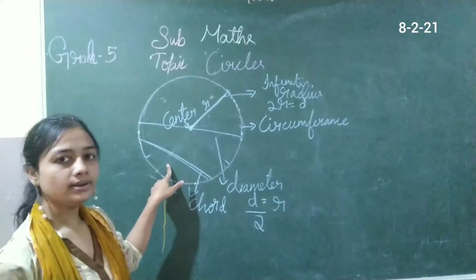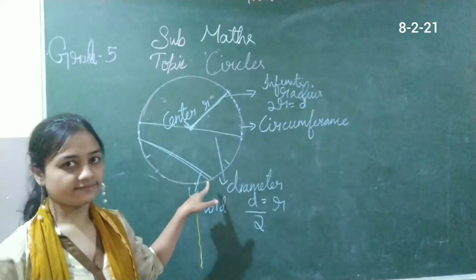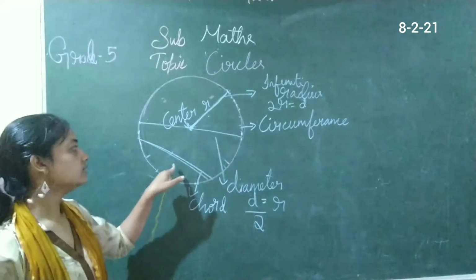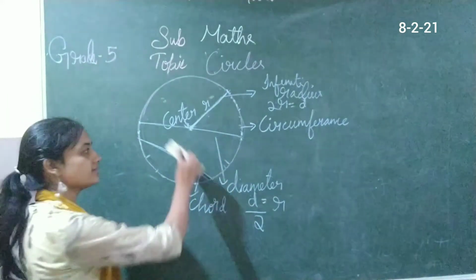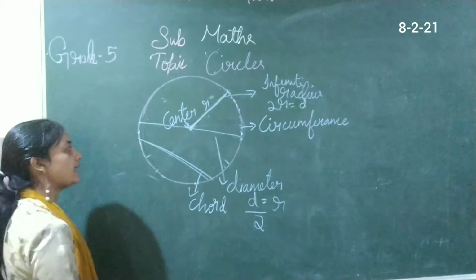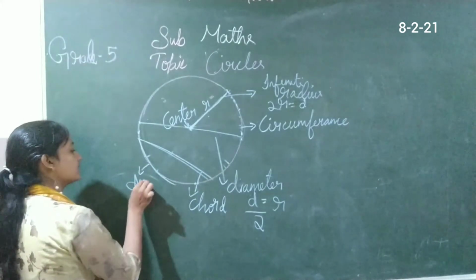And what is a chord? It is a line joining any 2 points on the circumference. And you also learned the segments like this part and this part. Major segment, minor segment. And you also learned what is arc. Arc is nothing but a part of a circle.